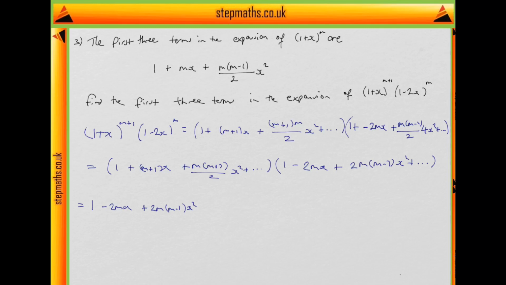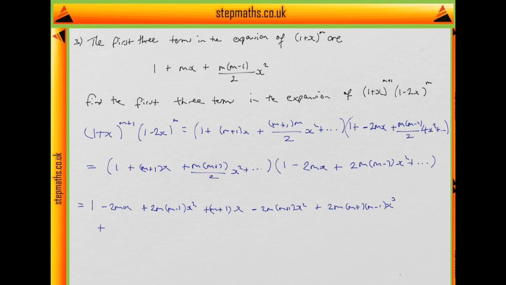And then we'll do the (m+1)x times. So we get plus (m+1)x minus 2m(m+1)x² plus 2(m+1)(m-1)x³.